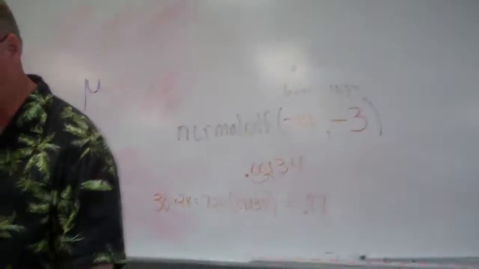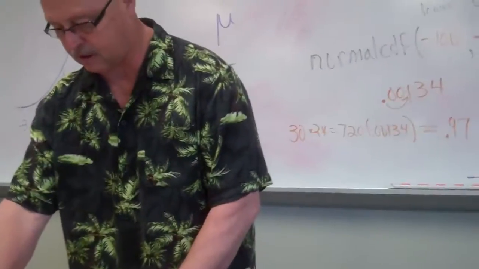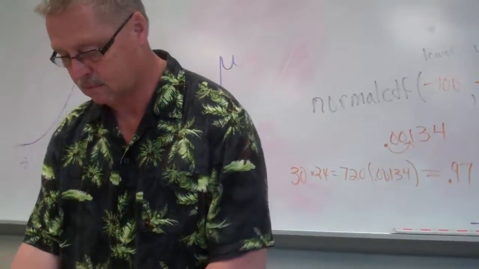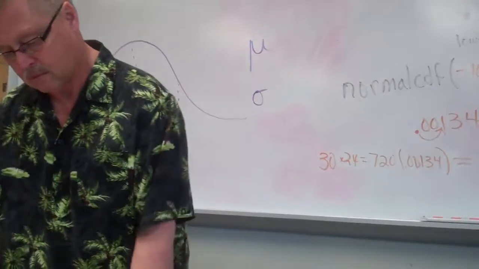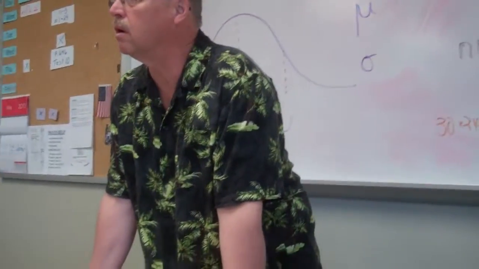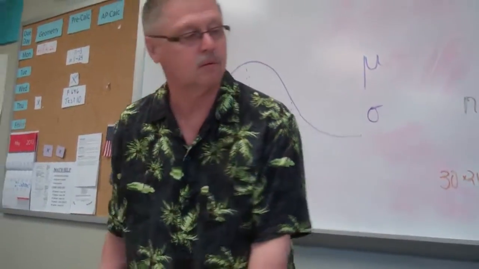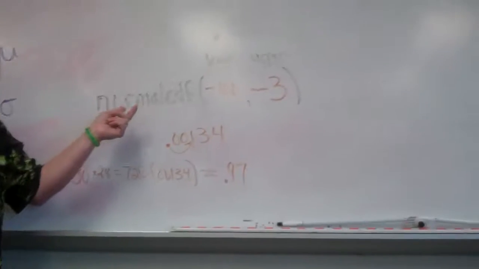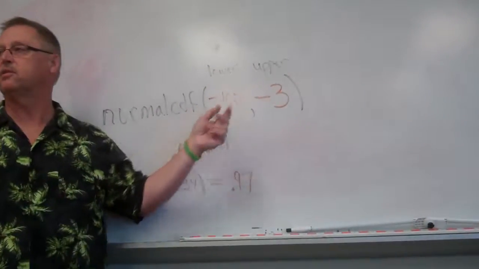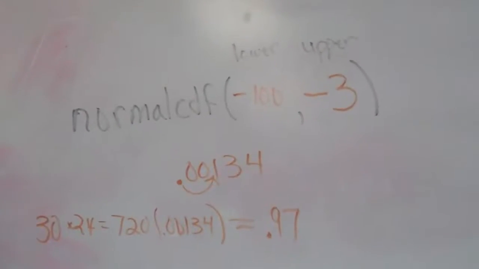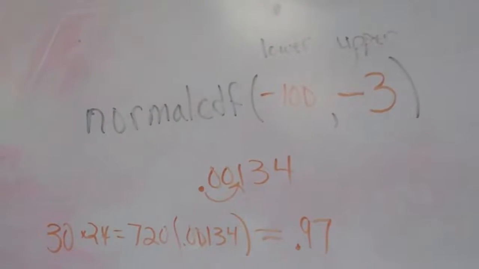I guess we better clear up this issue with the other kind of calculator. Jordan, when you selected normal CDF, you got more than 2 things to put in? Yeah, 4. Lower, upper, and then the mean and standard deviation.